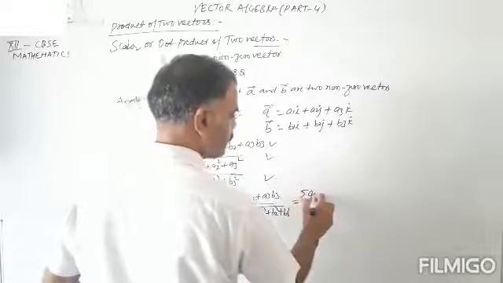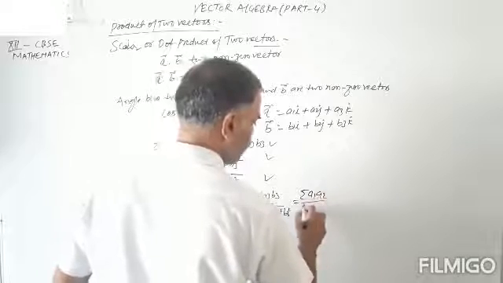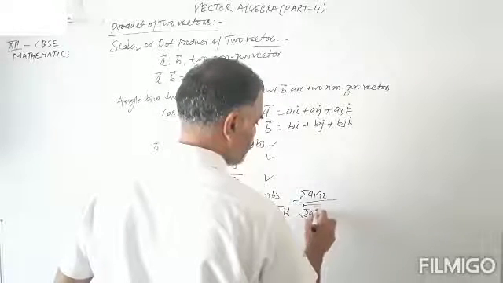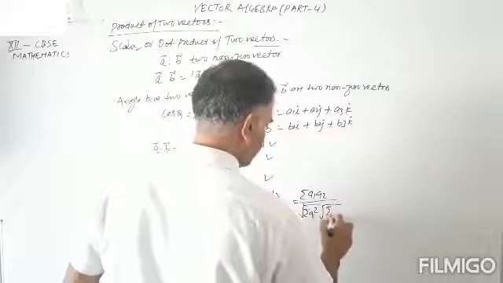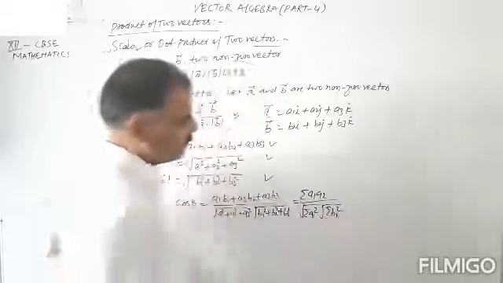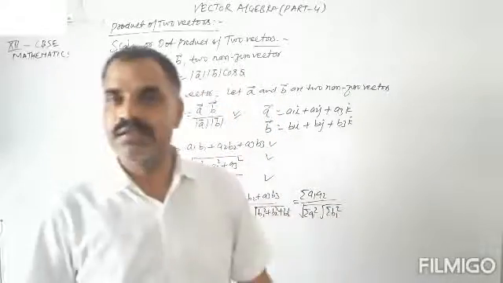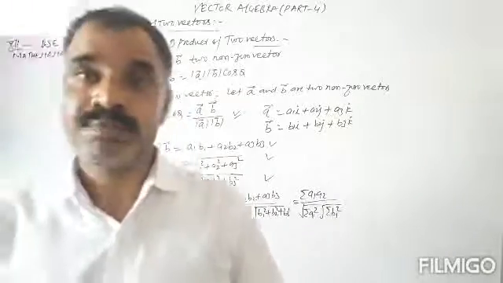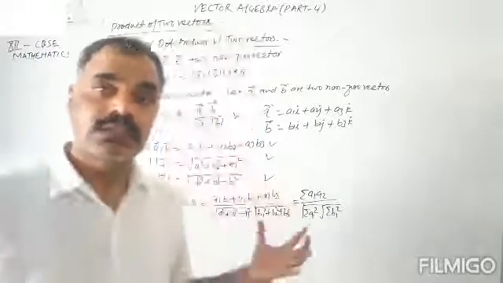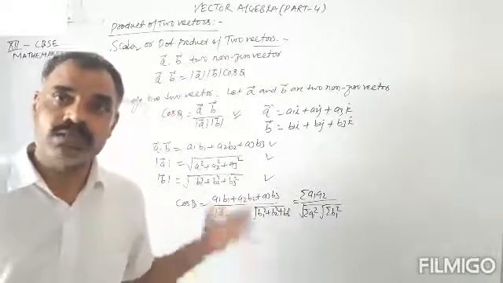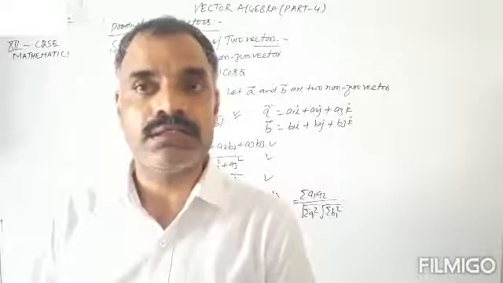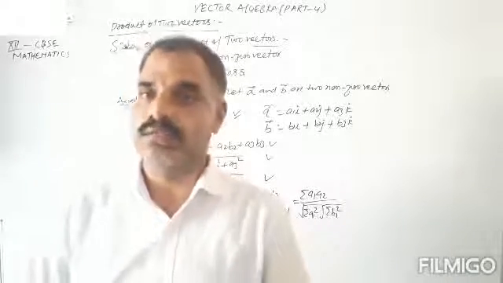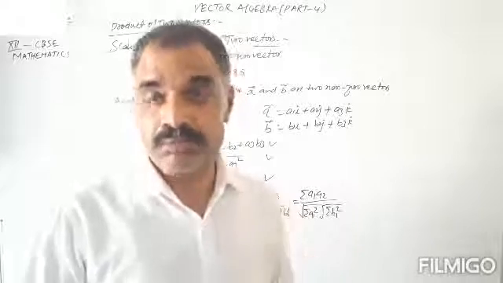This can also be written in summation form. So this is the component form of the angle between two vectors, a vector and b vector. This is an important formula.